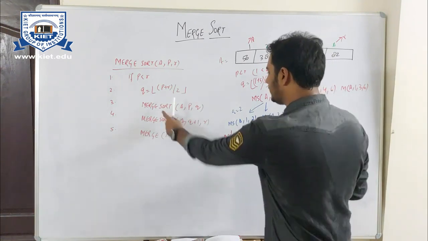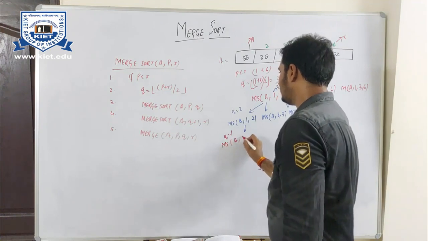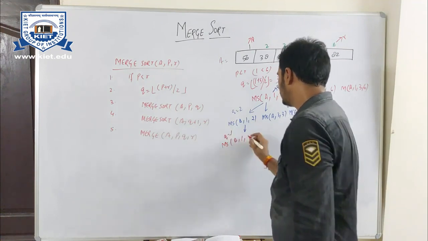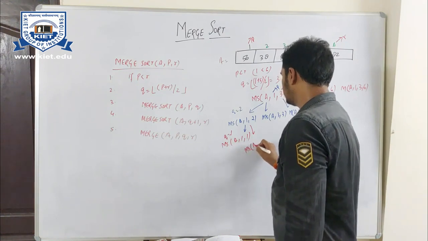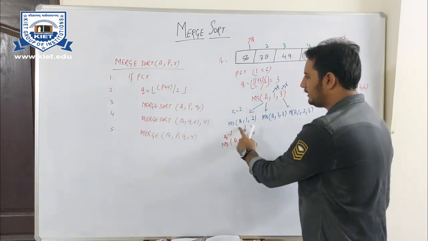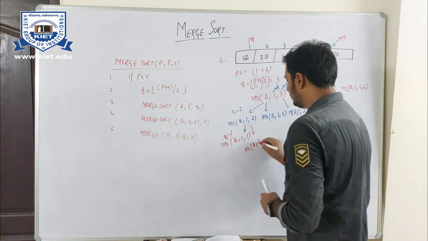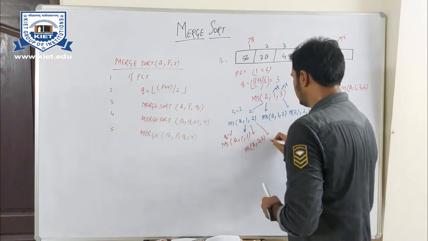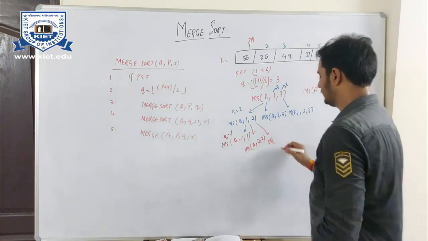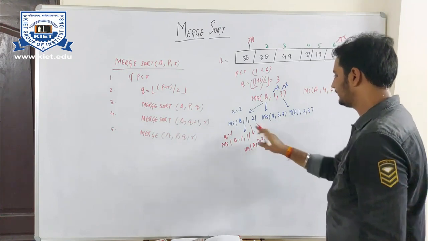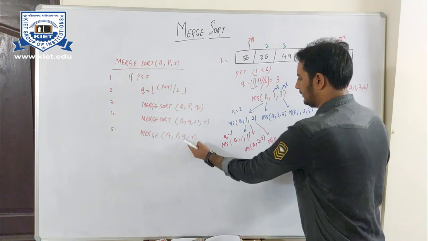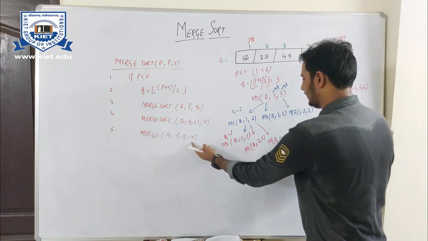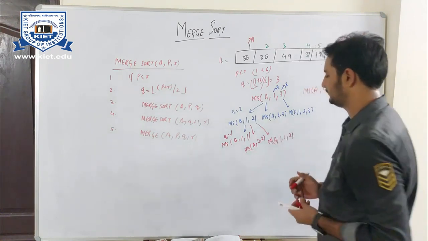Then we will call mergesort on this array A from p to q, and again mergesort on this array A from q plus 1, from 2 to 2, and then again merge on this array A from 1, 1 and value of r is 2.